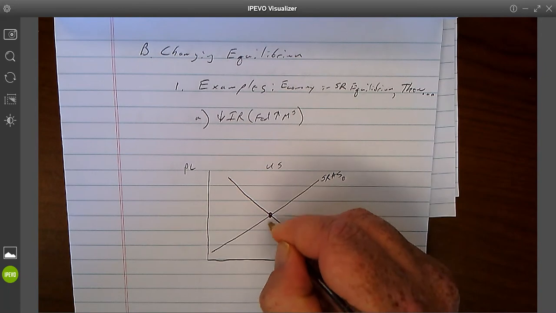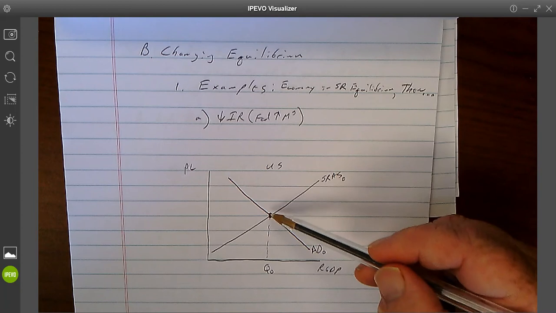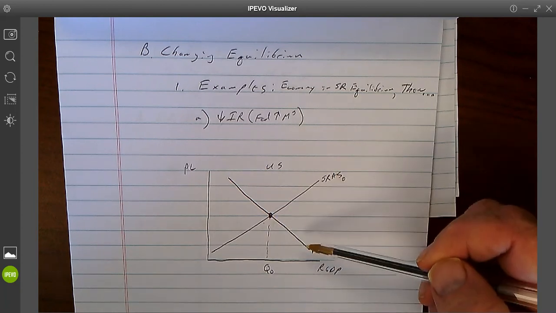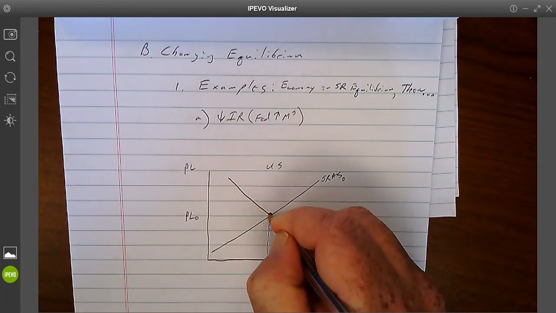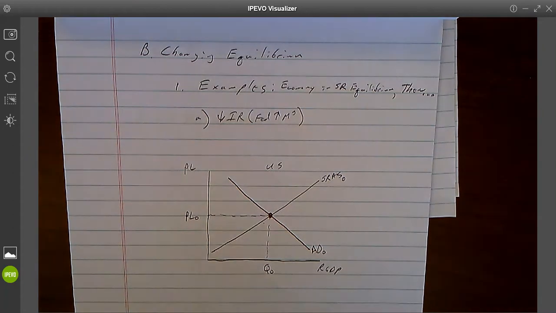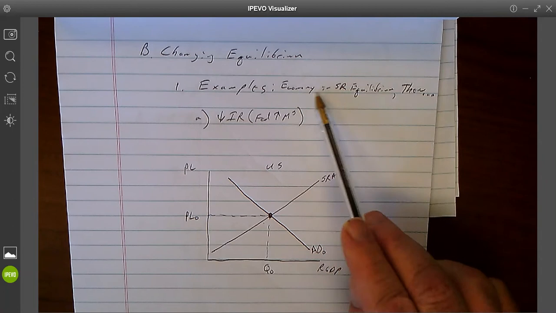And I know my equilibrium quantity is going to be right here. That's where I'm on both the aggregate demand curve and the short-run aggregate supply curve at the same time, okay? And so this is my equilibrium price level. So PL0, Q0, okay? Here's my short-run equilibrium. So we've started here. The economy is in short-run equilibrium.